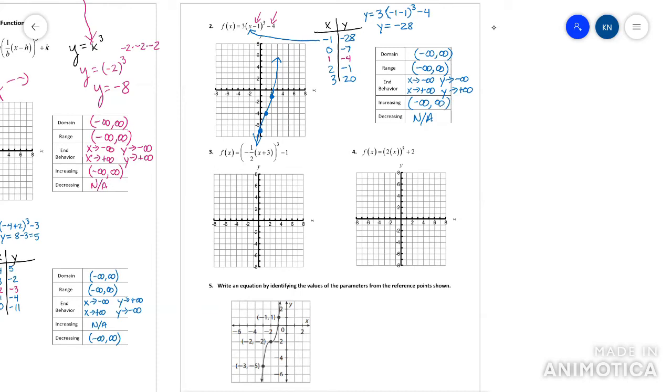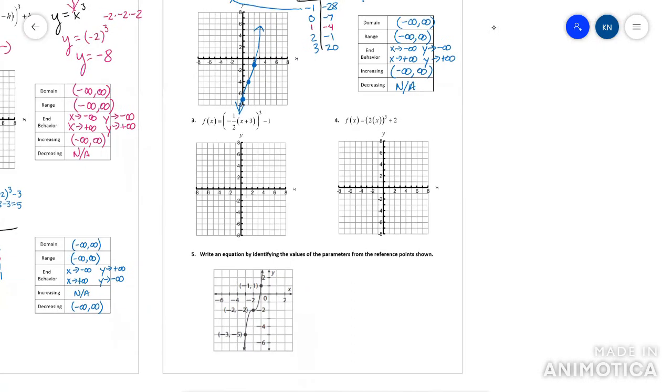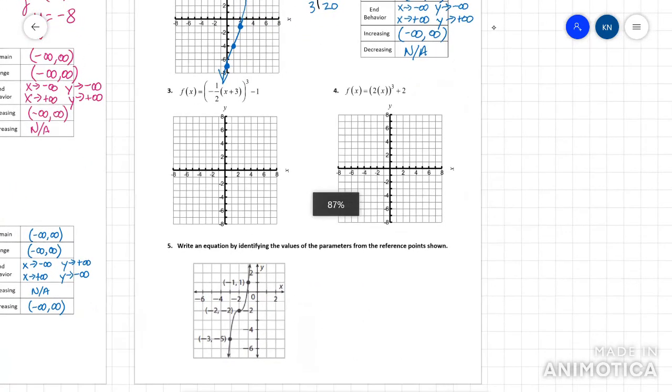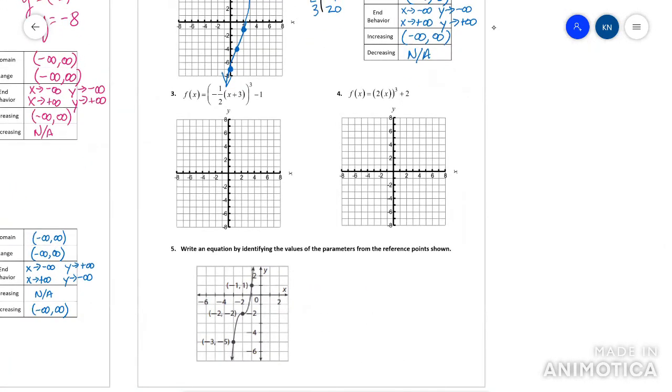Okay, now we get to the tricky ones. This is where you're probably going to want to have a calculator handy. I have one handy, so if I'm even using a calculator, maybe you should too. Now, I would start by going ahead and getting the point of inflection. So that's at -3, -1.